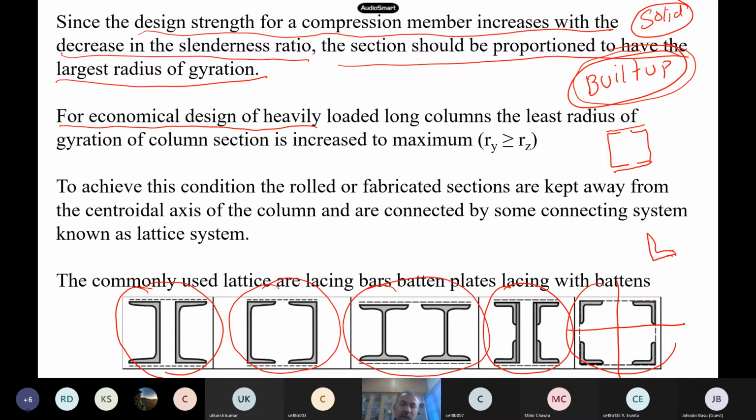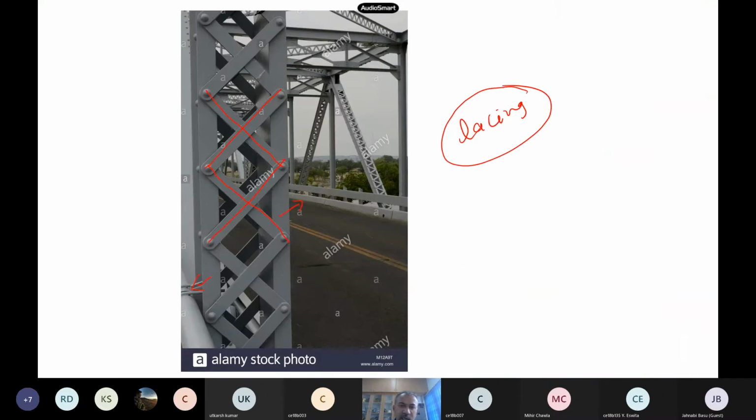You can make the radius of gyration the same in all directions, and have a good economical section which you can use as a compression member.